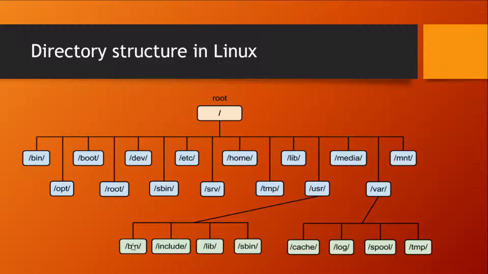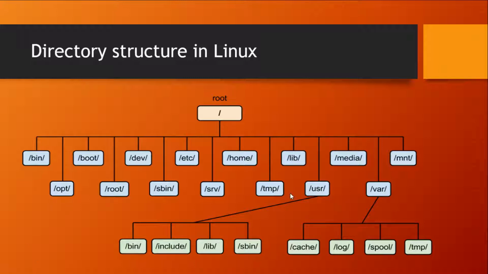It also has a bin and an sbin, and so if you can't find a command under bin, you can find it under USR/bin, and if you can't find a maintenance related command under /sbin, you can try and find it under USR/sbin.